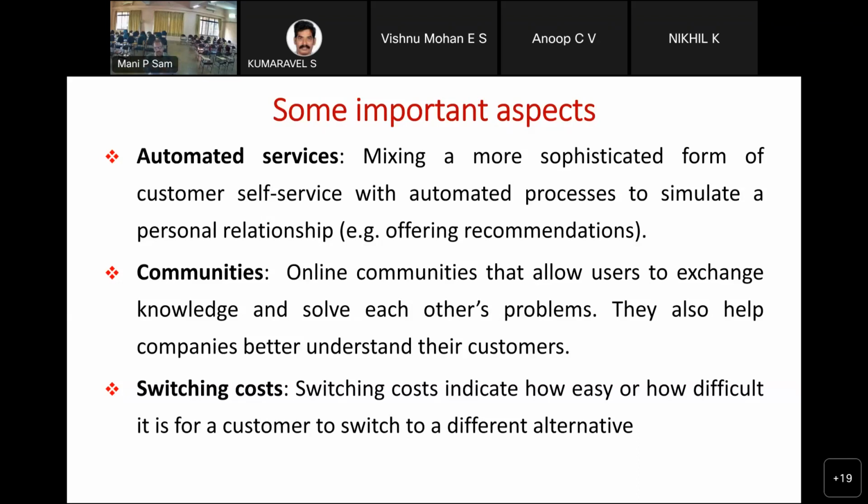Basically, in communities, users try to help each other and gain more knowledge about the applications. They are very useful. And with the connected world, communities are very easy to establish, support and nurture.